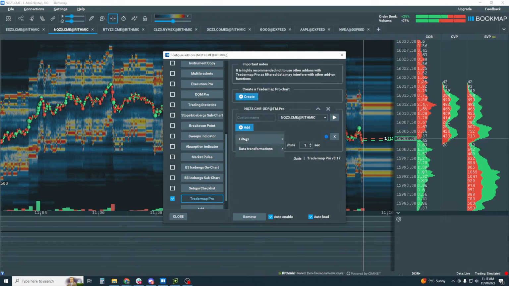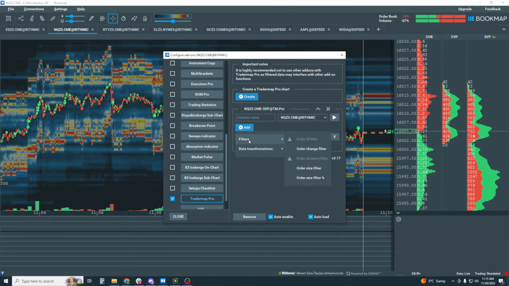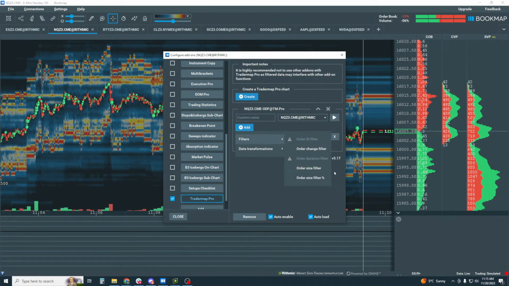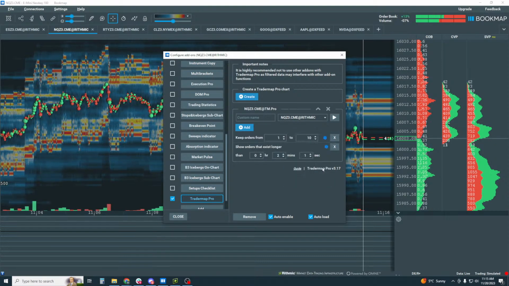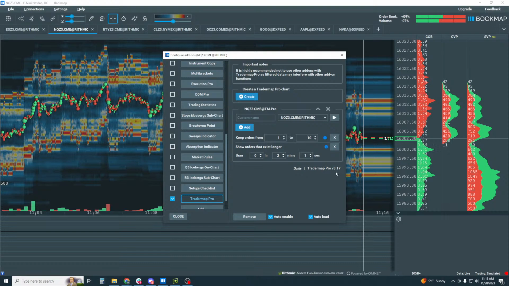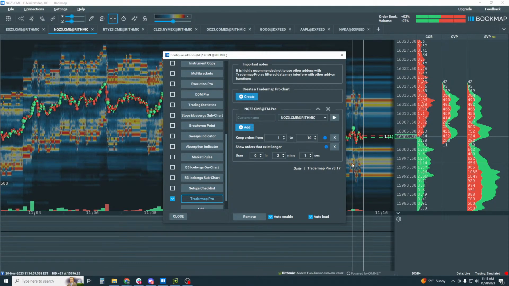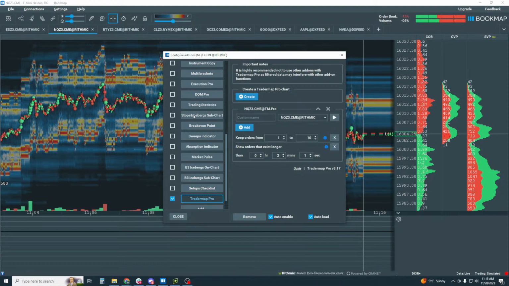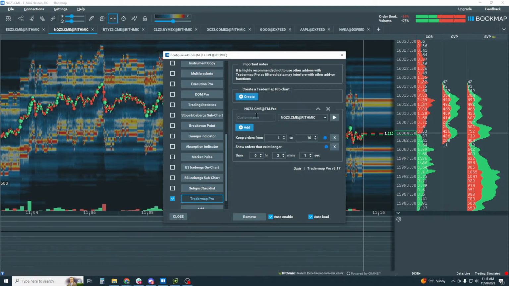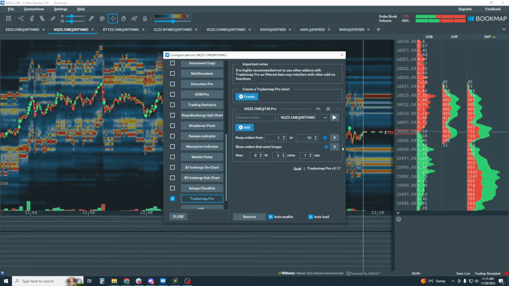Click on add, and then we're going to do an order size filter. Okay, click on that, and we're going to look at... I'm sorry, is it order size filter or is it... hold on a minute.